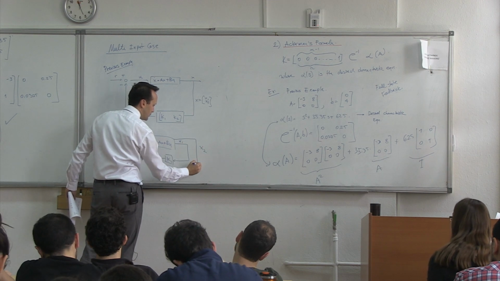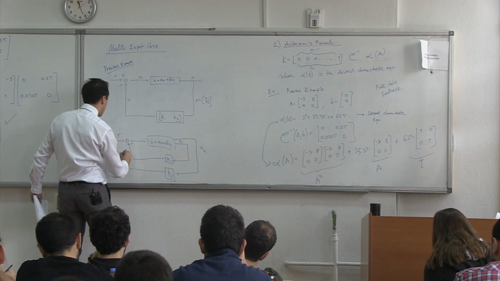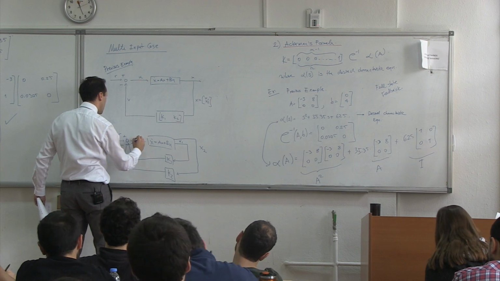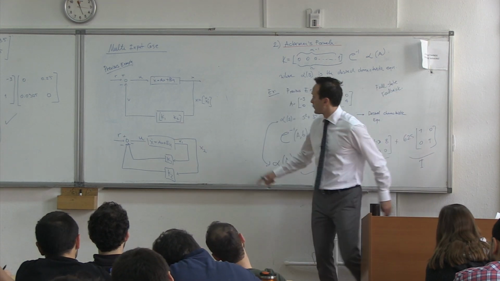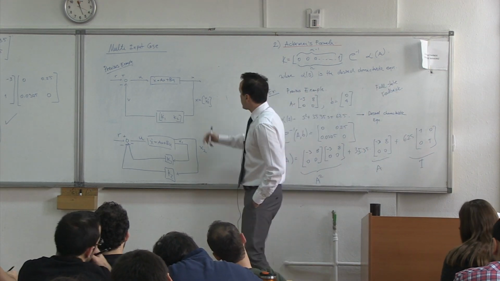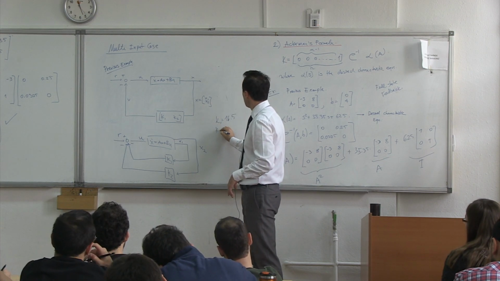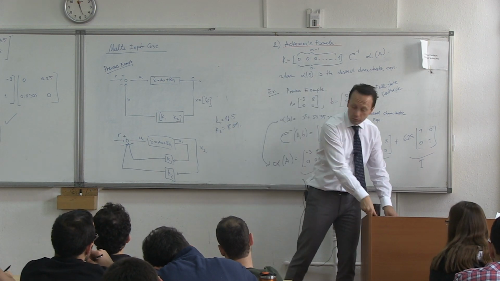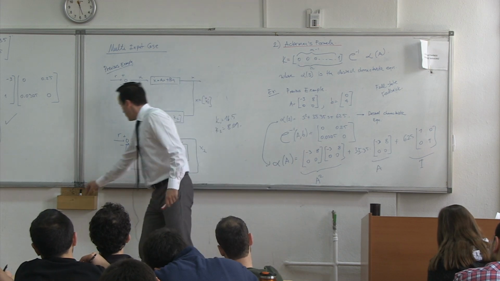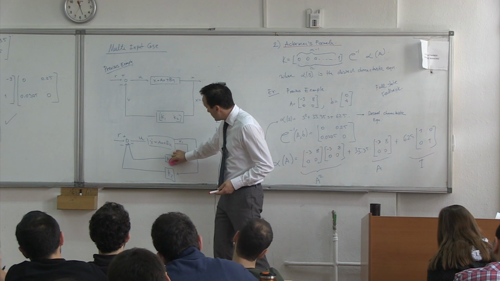This would be x2, multiply it with k2, and also subtract it over here. Right? And we found in the previous example k1 to be equal to 16.5 and k2 to be 809, right? So basically what you would do is you would measure x1 and x2 in your system, right?